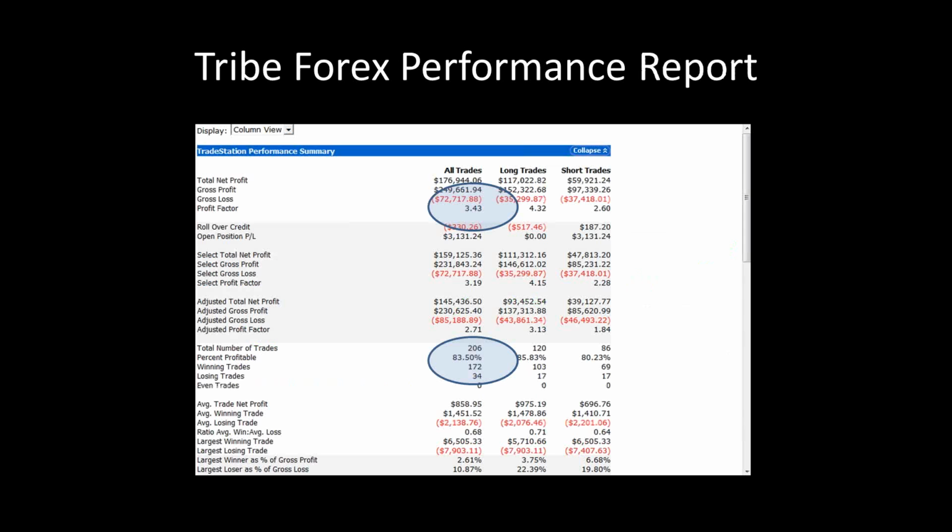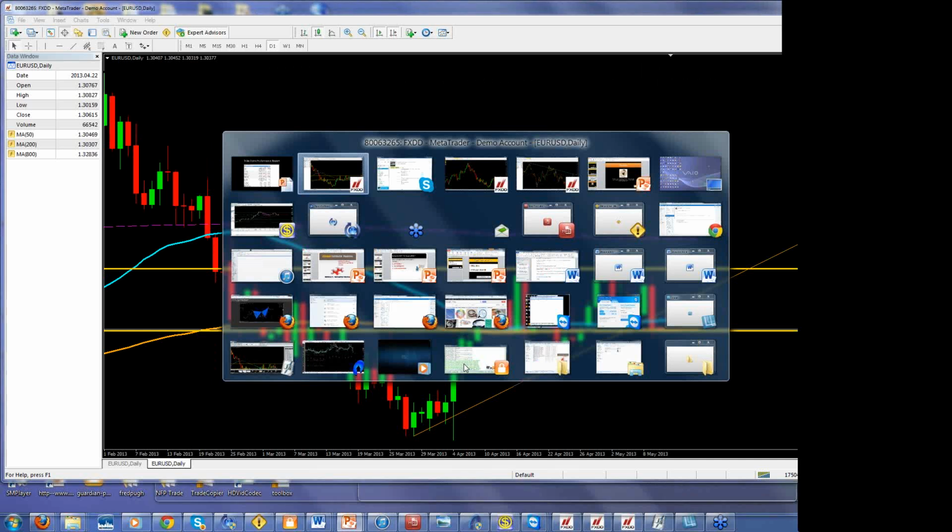This is a Tribe Forex performance report. We have a profit factor of 3.43, which means that for every dollar that we risk, we tend to make $3.43. It has an 83.50% win ratio during this time over 206 trades. That's pretty much our reporting, and I can show you some more statistics as well.